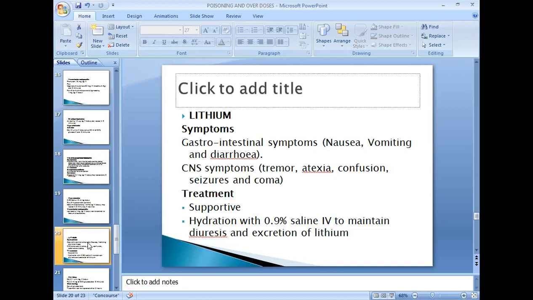After supportive treatment, like monitoring oxygen level and ventilation and IV fluid, we have to hydrate the patient with normal saline, 0.9% IV, to maintain diuresis and importantly to excrete the lithium to recover from lithium toxicity.